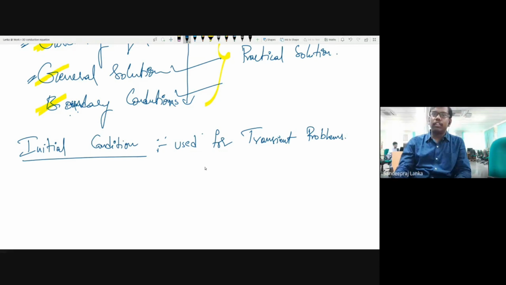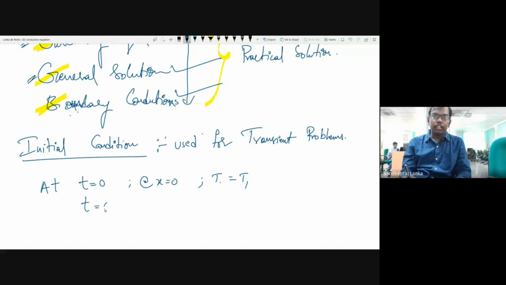They are used for transient problems, wherein time is involved. That is, there you have written at x is equal to 0, so and so. Along with those, here what you will have is at time t is equal to 0, meaning initially, what is the case you are writing? At time t is equal to 0, at x is equal to 0, the temperature is equal to T1. That's how you write it.